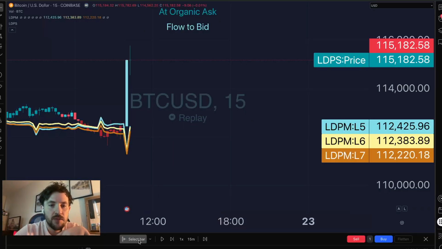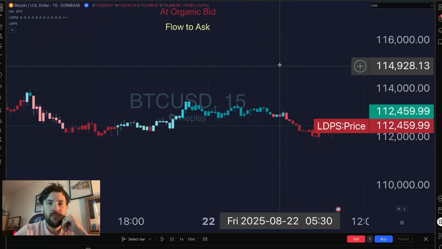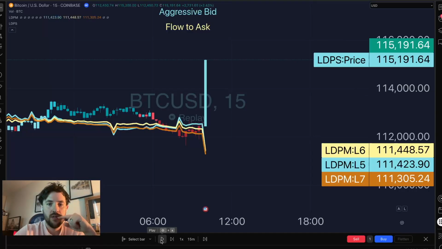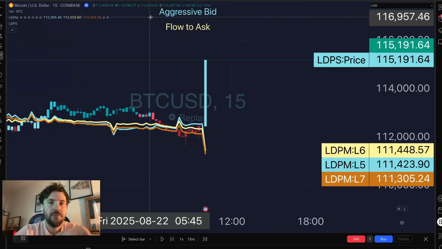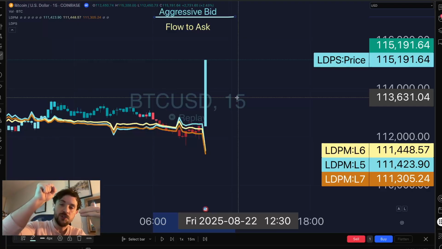Can we figure out an organic bid? So liquidity is moving up to the ask. And then, there it is, that aggressive bid walks in. So we have the eager bids, which we saw earlier, which will rise to the ask in order to transact.